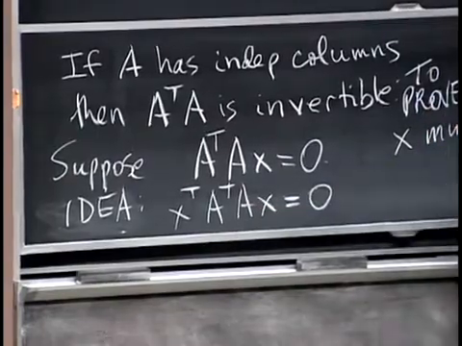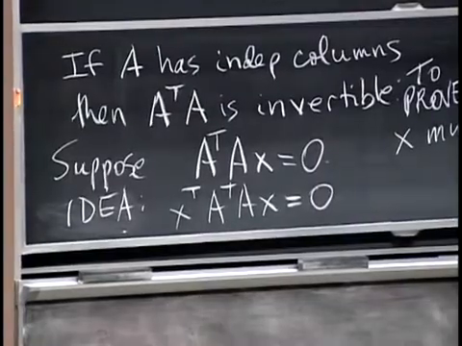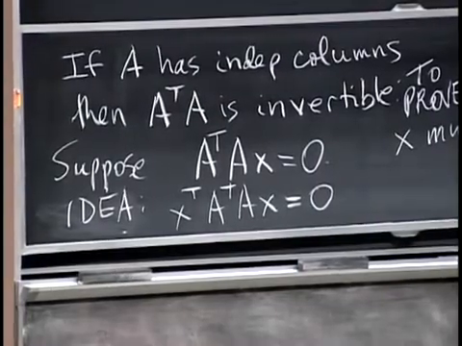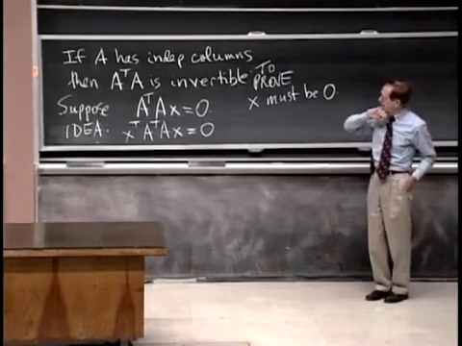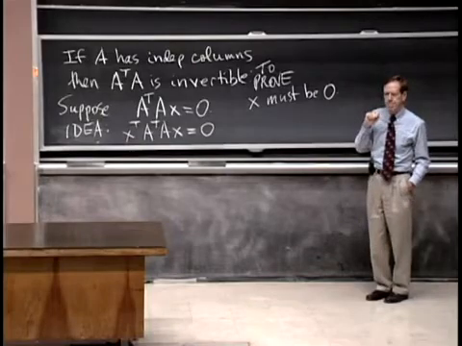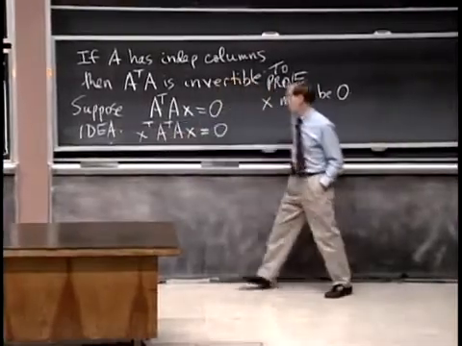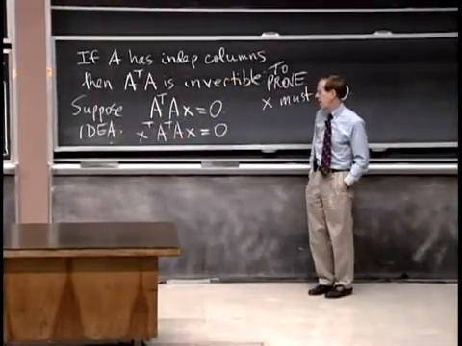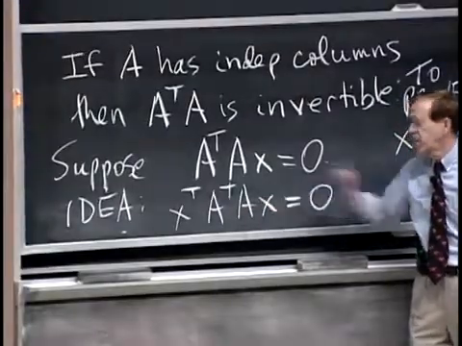I got to that equation, x transpose A transpose A, x equals 0, and I'm hoping you can see the right way to look at that equation. What can I conclude from that equation? What is x transpose A transpose A x?